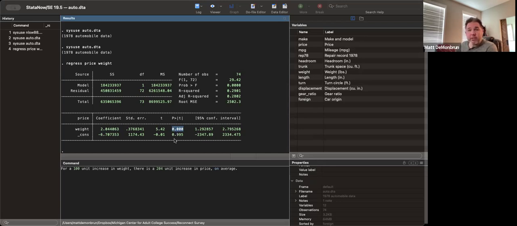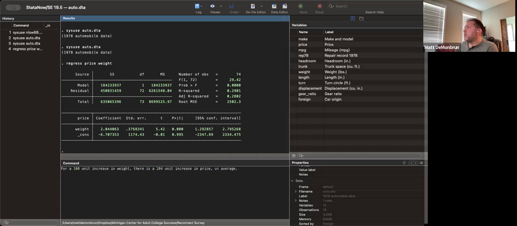If it's greater than 0.05, it's not. The same terminology and the same rationalization apply, and we see that this is statistically significant. So ultimately, we believe that there would be a relationship between weight and price in the population.